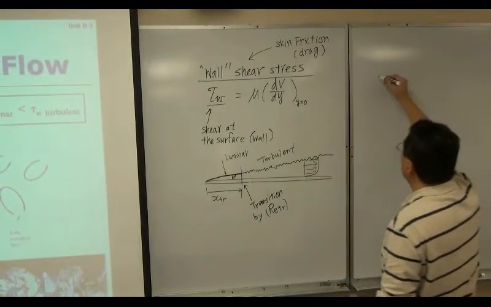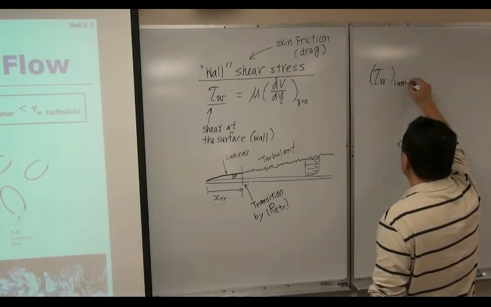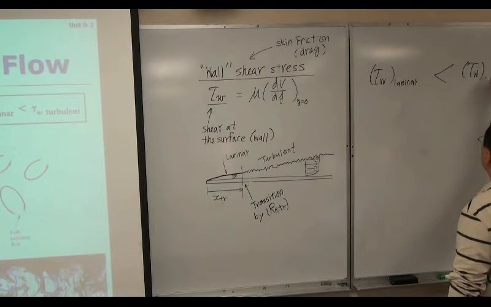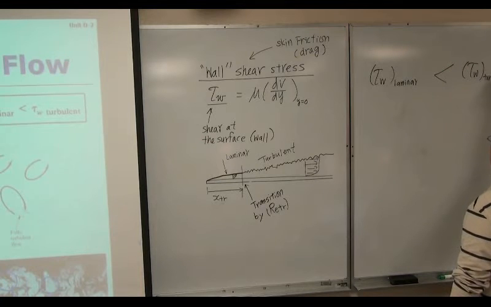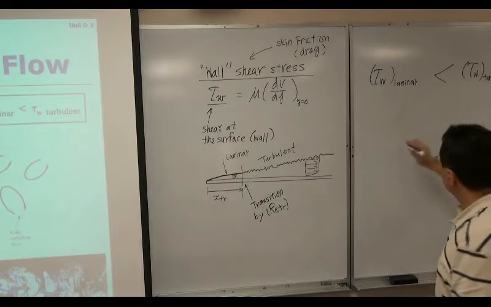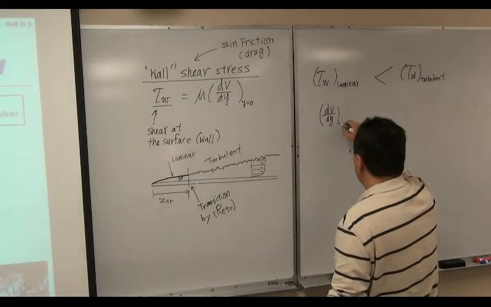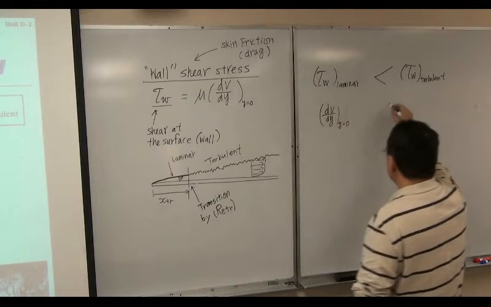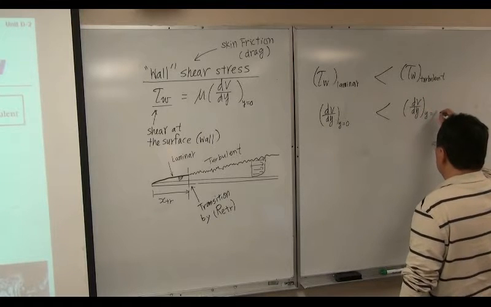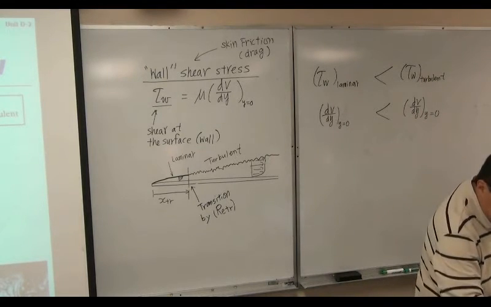Because of that, if you compare the wall shear stress in the laminar case with the turbulent case, the turbulent one is way larger, simply because dV dy at y equal to 0 is a much larger value. Okay, let's move on to the next page.